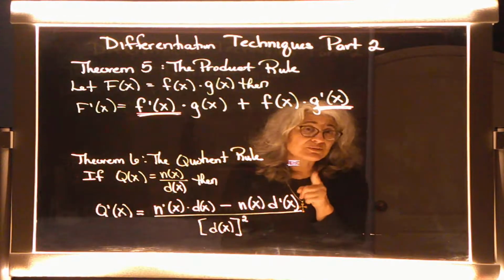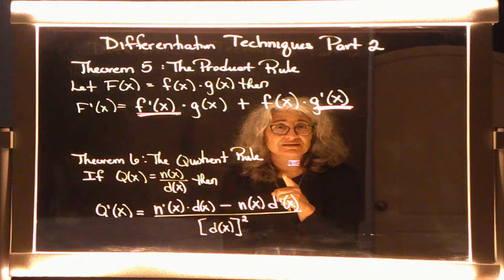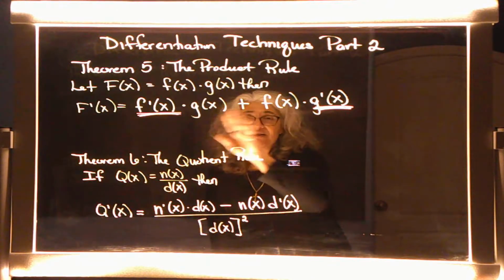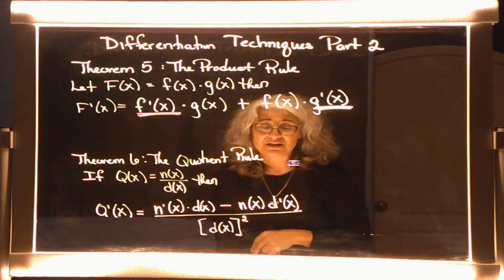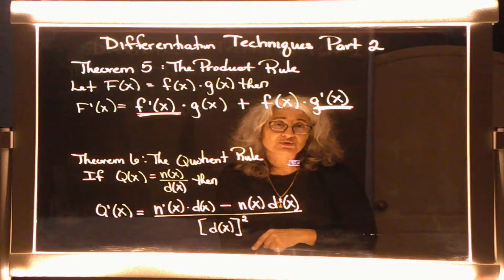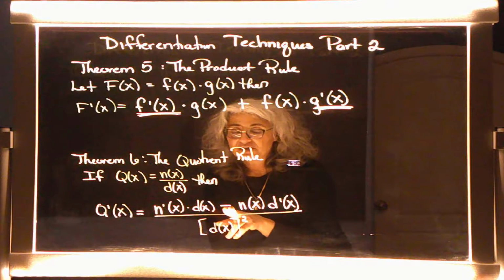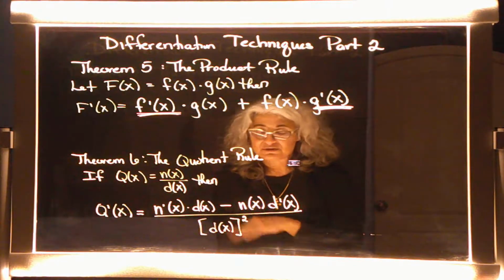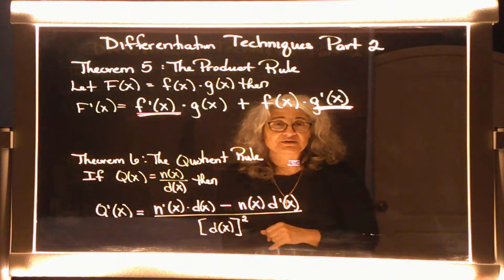And it matters the order in which I subtract, doesn't it? It doesn't matter the order in which I add, which is why the product rule can be written in the opposite direction. But it matters the order in which you subtract. The numerator times the derivative of the denominator, all over the denominator squared.